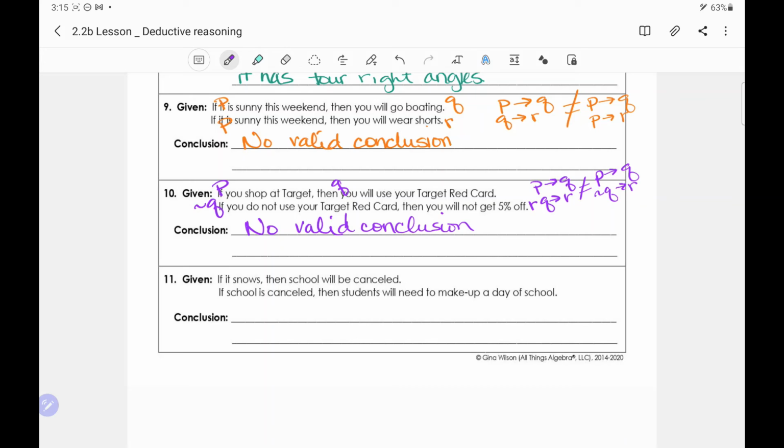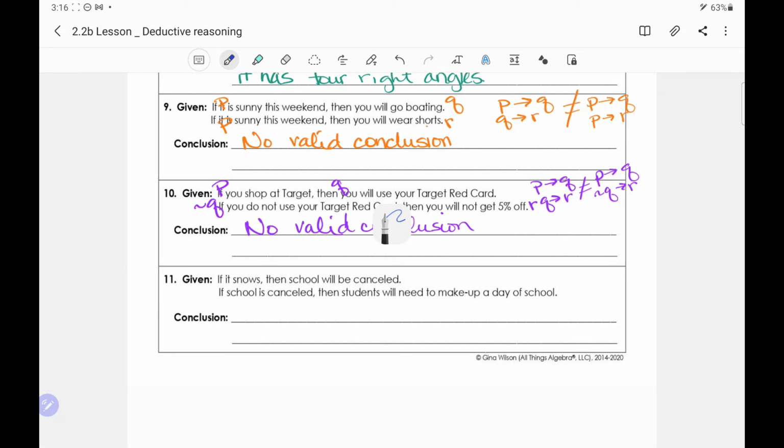You've got to be able to look at, just because something is telling you one thing doesn't mean it's ruling out everything else. In this case, number 10, we do not have a valid conclusion. That does not mean that the statement is false or true. It simply means that we don't know. We do not have the criteria met for the law of syllogism, so we don't know. That's all we can actually say here.